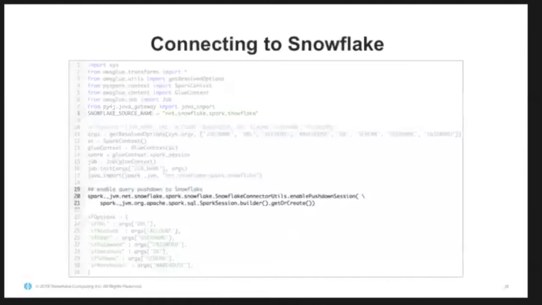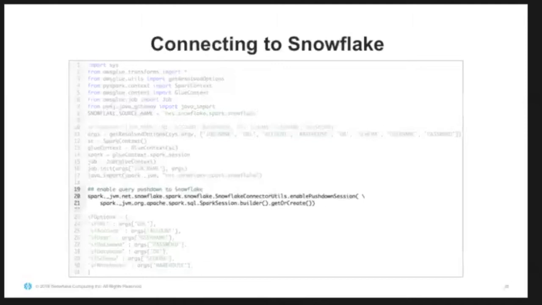Then we have some more setup of your Spark session and your job within Glue, just regular stuff. And then we have this setup of push down for Spark into Snowflake. What that means is when we run a job, if we have data in Snowflake as a source, maybe multiple tables, we can push our joins and our filters down to Snowflake to do the processing, rather than pull all of that data into Spark and run it in the Spark cluster behind the scenes in Glue, and then push it back.